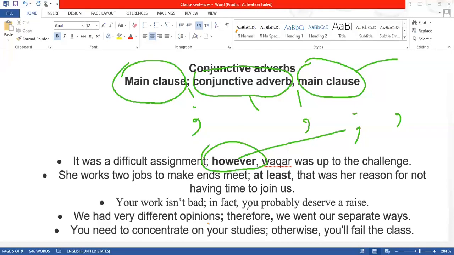See, she works two jobs to make ends meet. At least that was her reason for not having time to join us. I mean, that is why, or that was the reason that she did not join us.